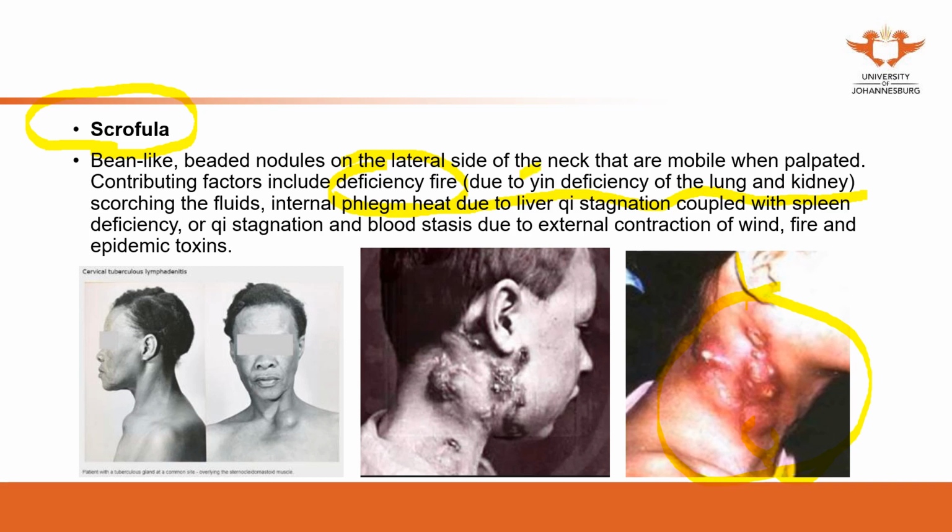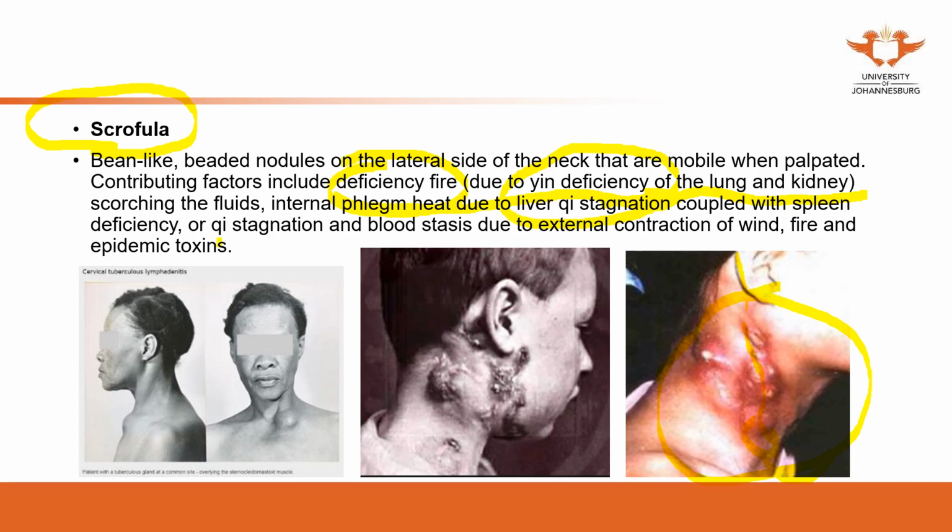Patients who are very skinny don't have body fluids in the body. That's why we think it's insufficiency. So this can happen in the lung TB infection or the lymph TB infection, such as this one. So that's how we use the theory to explain the clinical manifestations.